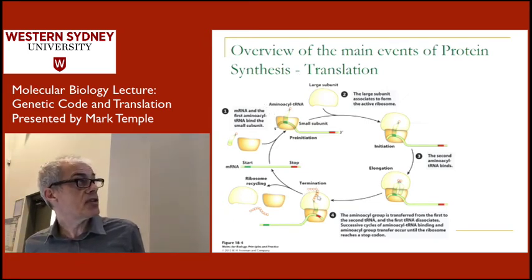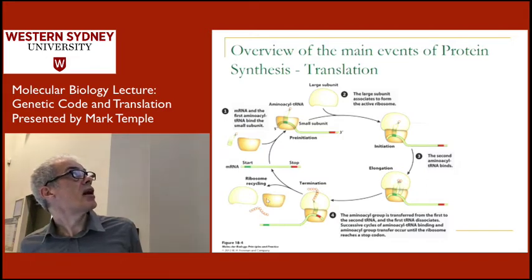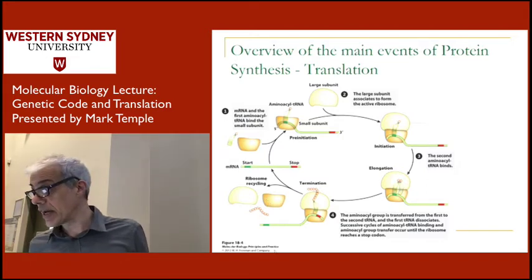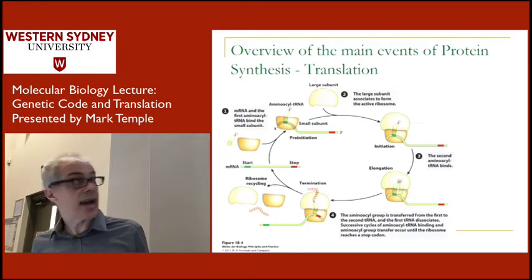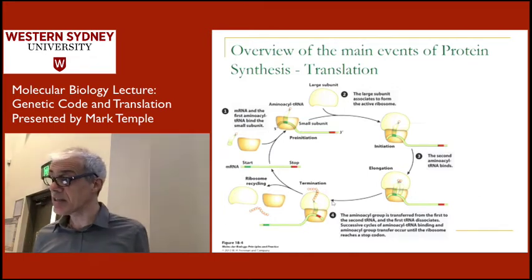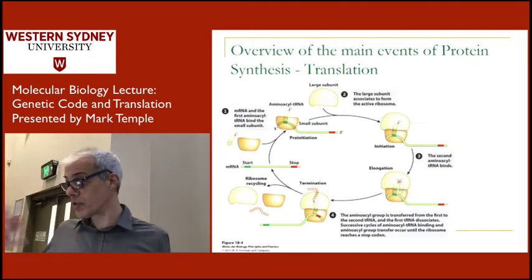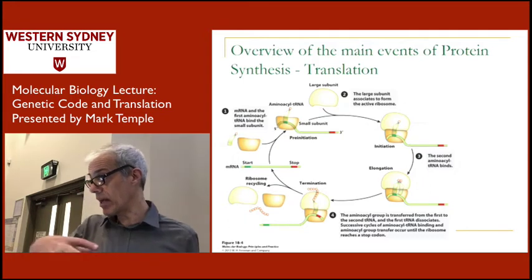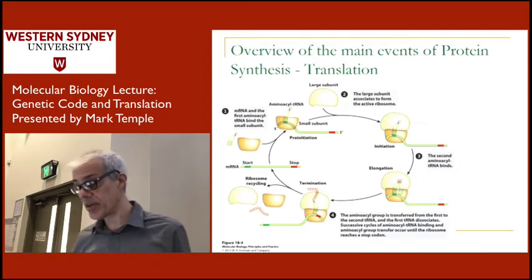During the process of walking along the messenger RNA, one codon at a time, it brings in one amino acid residue at a time and joins them together one peptide bond at a time to make a polypeptide. And then it comes apart and can reassemble and do the process again. So it's a cyclic process, and the messenger RNA will be translated as many times as it can before it's degraded by the exosome, which we talked about last week, the exosome that degrades the messenger RNAs.